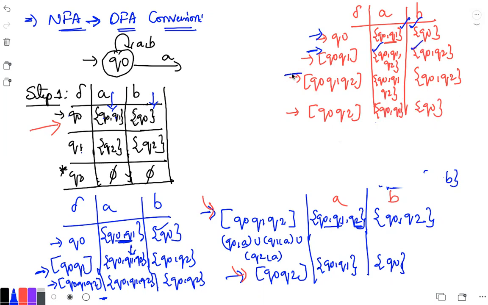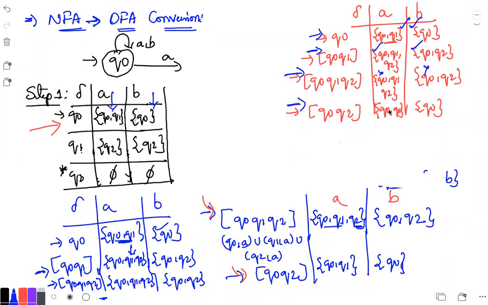Come to the next one. Come to the third row. Q0, Q1, Q2. Already merged, right? Guys, see here. Yes, sir. So Q0, Q1, Q2, you need not merge because the state is already merged and traversed once. So leave it. Q0, Q2 already merged, right? Yes, sir. So ignore it.